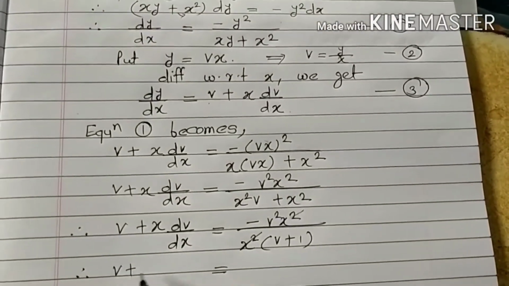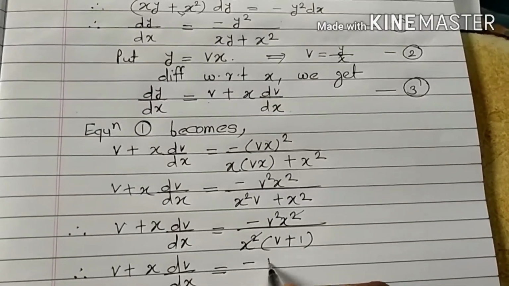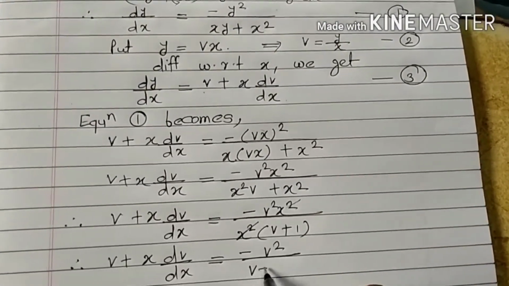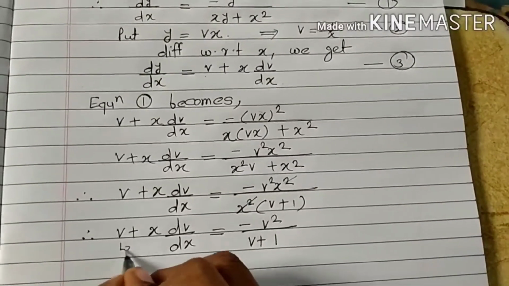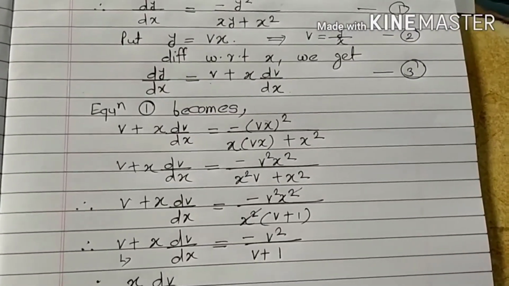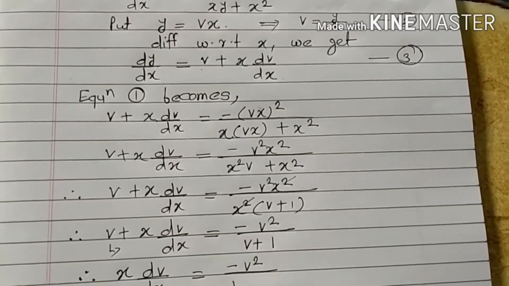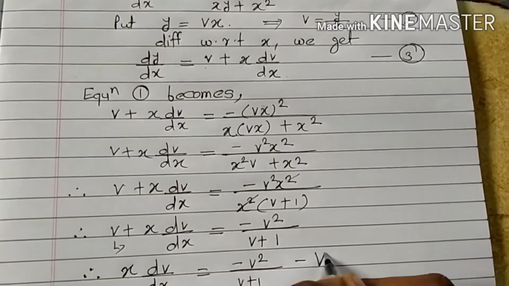So next step is v plus x dv upon dx, which is equal to minus v square upon v plus 1. Now take this v on the RHS side, so we get x dv upon dx, which is equal to minus v square upon v plus 1 minus v.